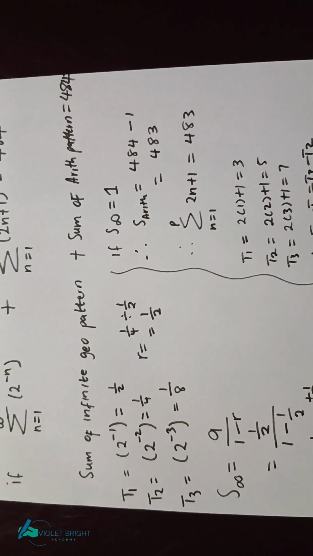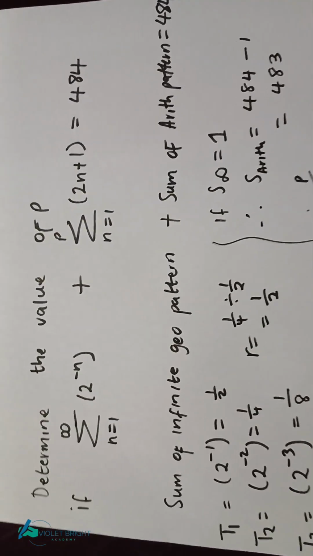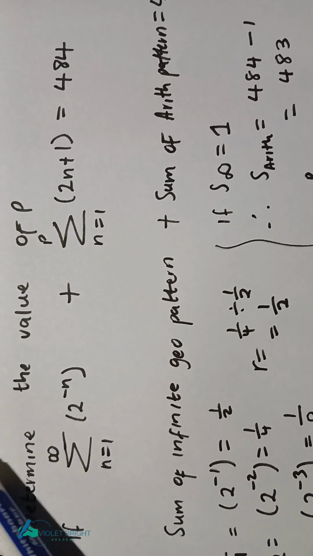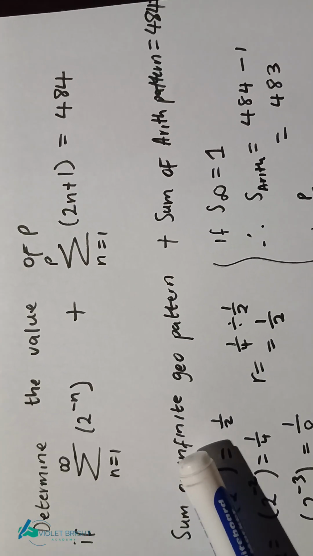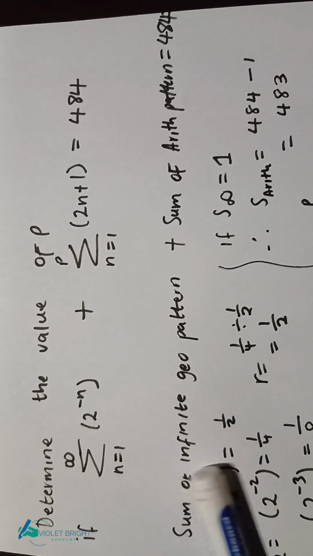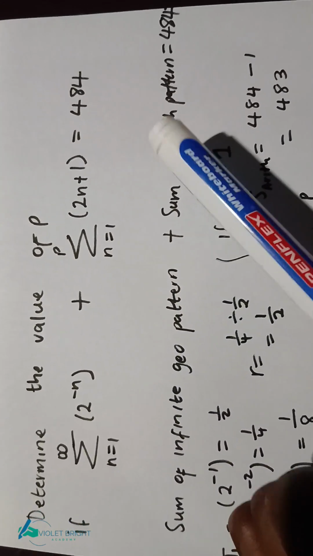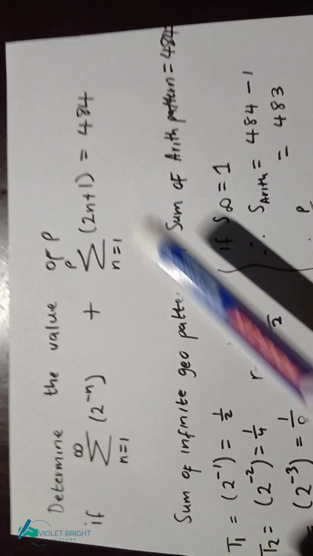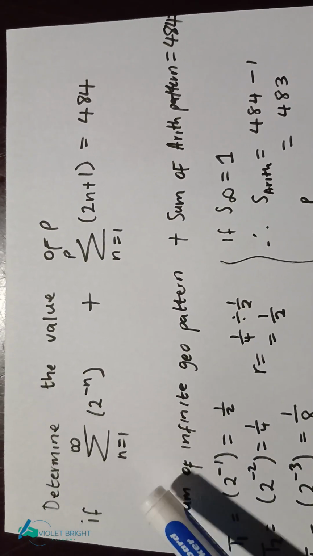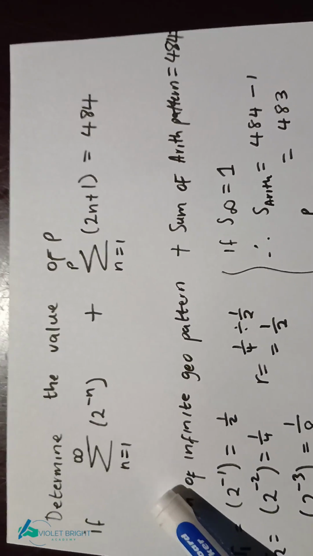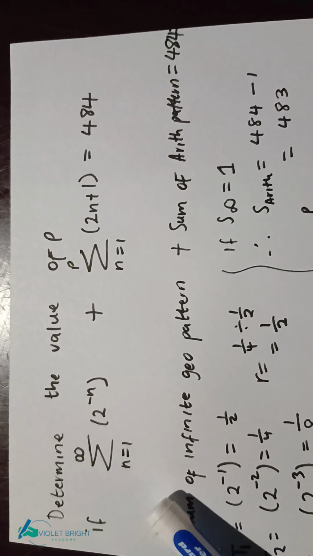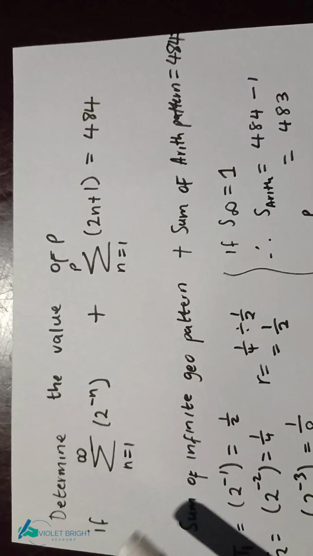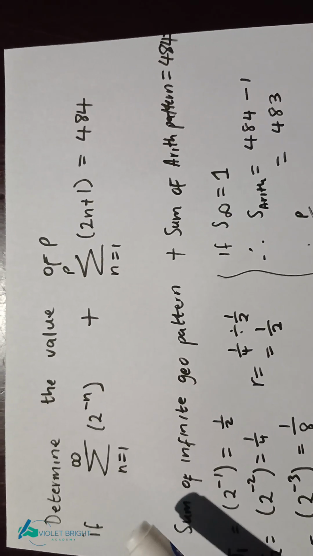So now, first things first, what must we do? We need to firstly deal with this one and find the sum of these terms, because for us to find the sum of the arithmetic sequence, we need to find this one first. This one is easy because it's a geometric sequence, so it's easy for us to find the sum of these terms.